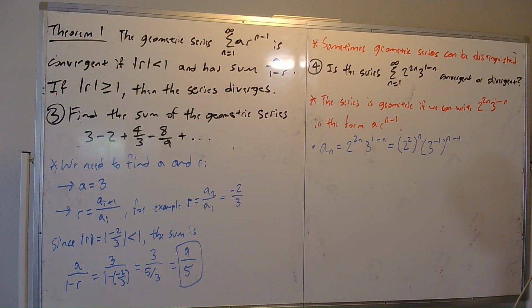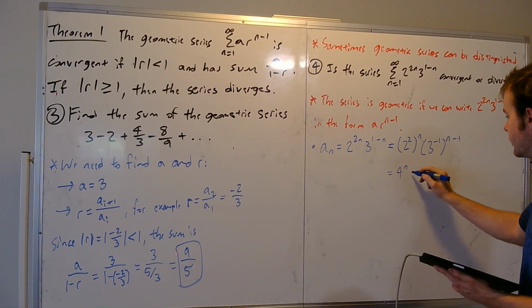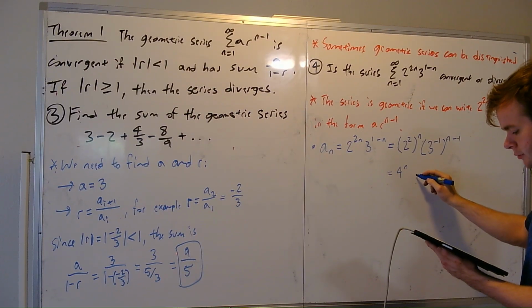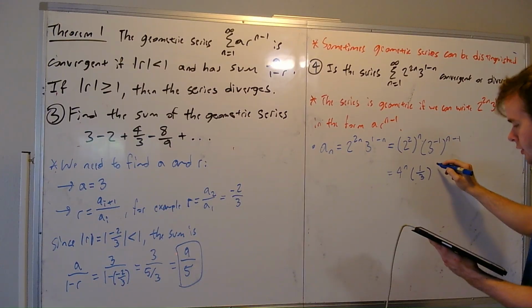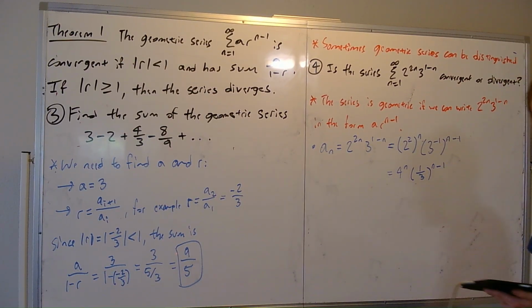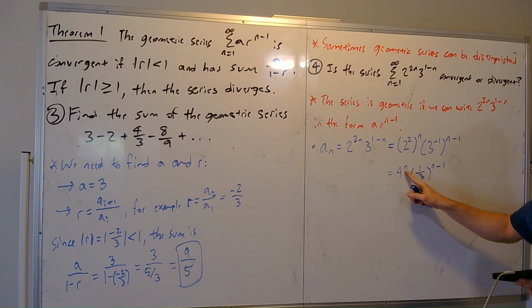And now what we notice is this is equal to 4 to the power of n times 1 over 3 to the power of n minus 1. Okay. And now we can say, well, we actually want this to be an n minus 1, not an n.